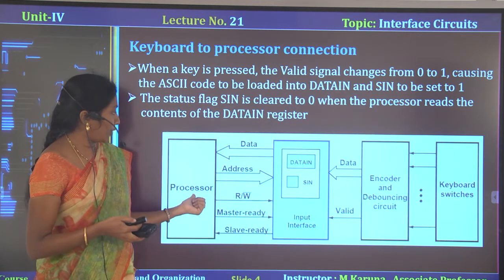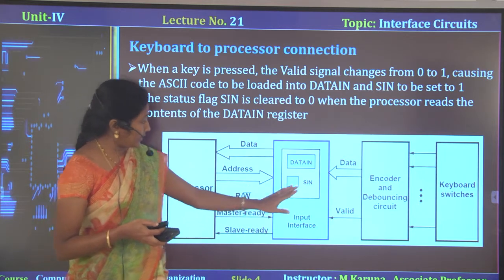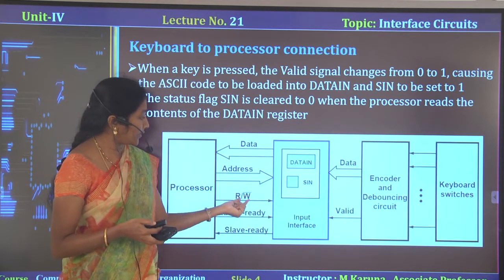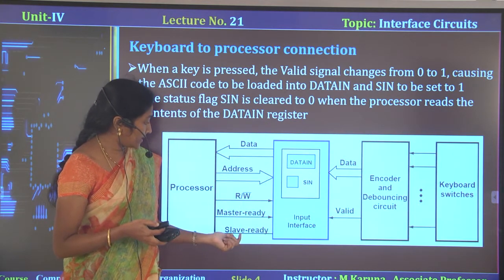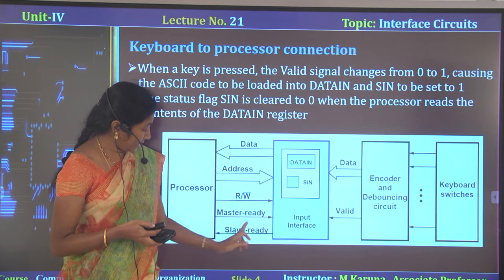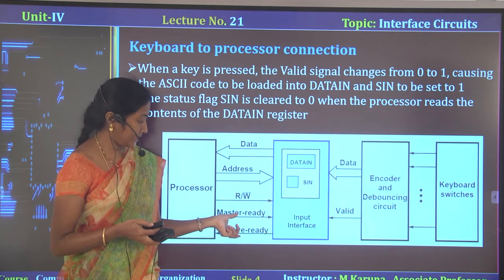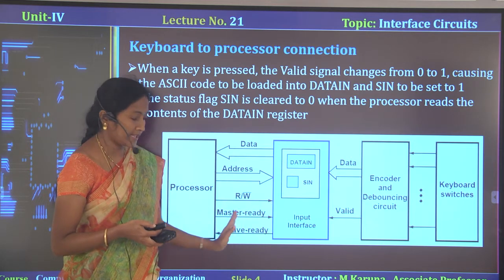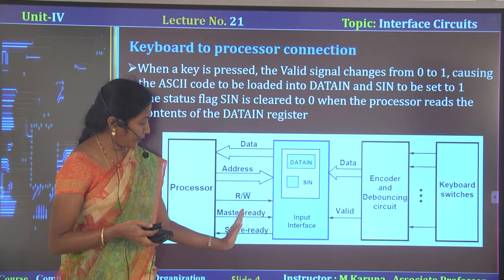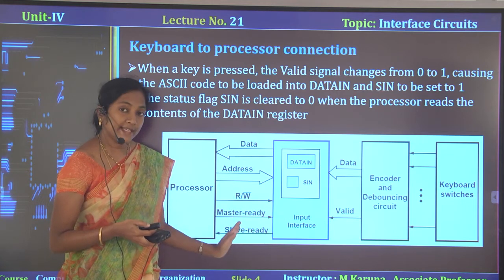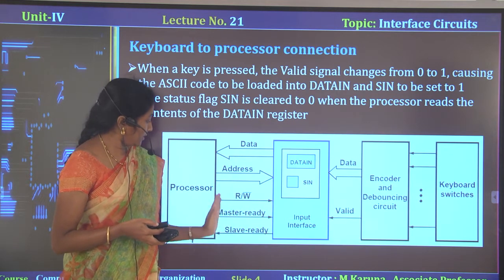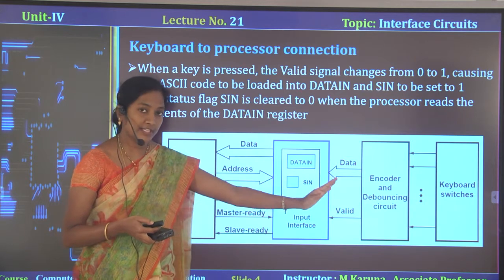Next, the processor. These are the control signals: read/write is a control signal, and master ready and slave ready signals. These are for the asynchronous bus; here they are known as handshake signals. To perform these operations we use an asynchronous bus between processor and keyboard.